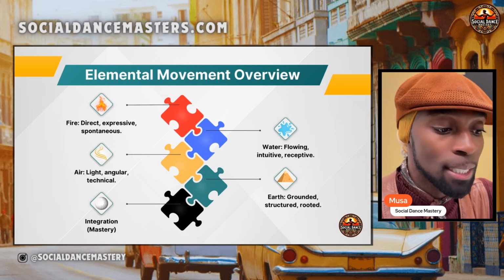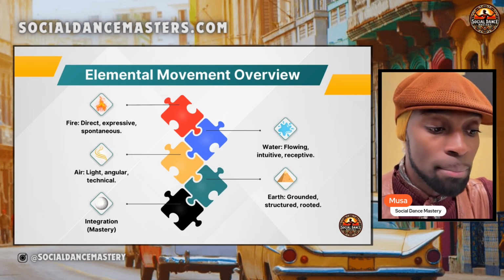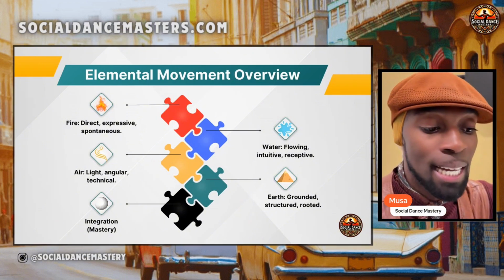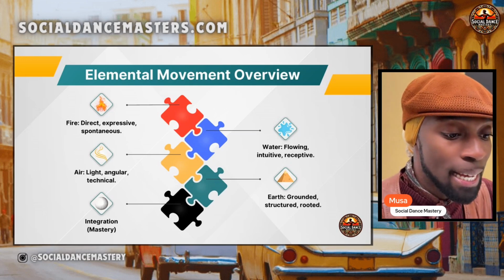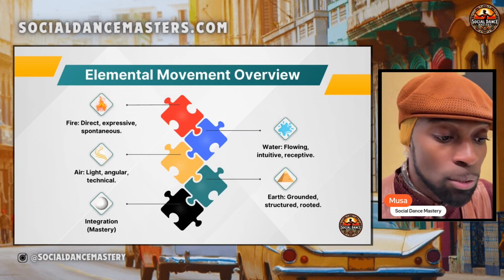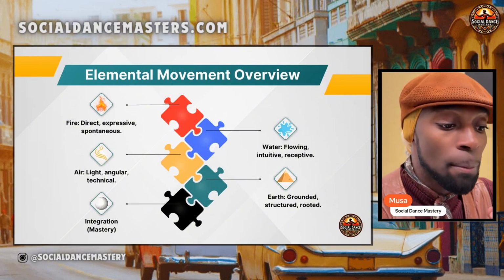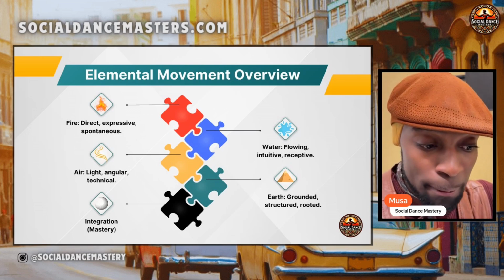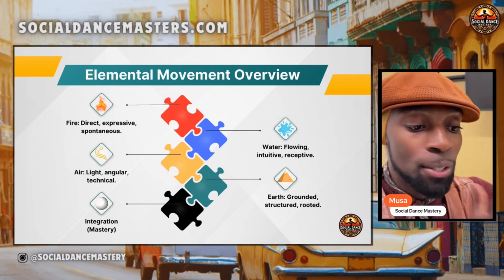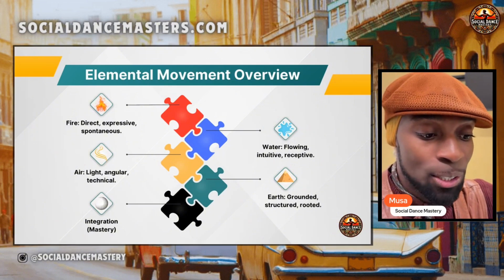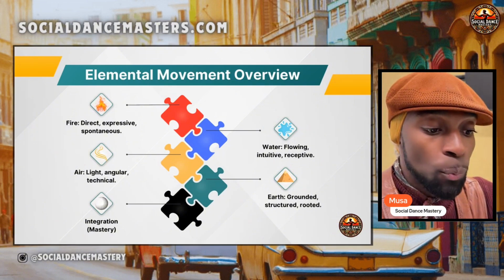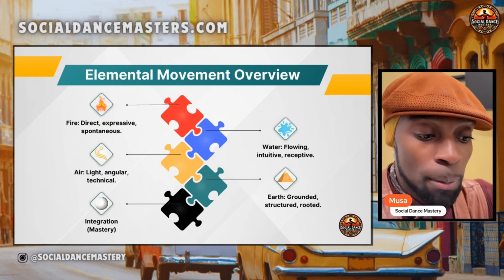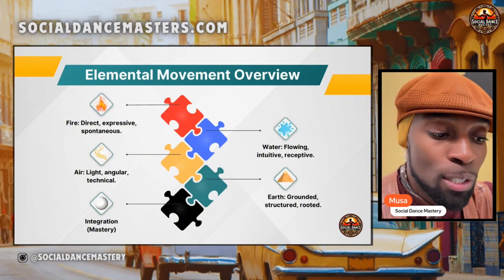And then the question is, when we start to see these elements interact together, we can start to sense certain kinds of dynamics. The main dynamics that we cover in the elemental movement mini course are the compatible dynamic, the incompatible dynamic, and the neutral dynamic, right? So for the video that I showed you in the beginning of this workshop, we would want to see which dynamic this clip of two people dancing most closely resembles.